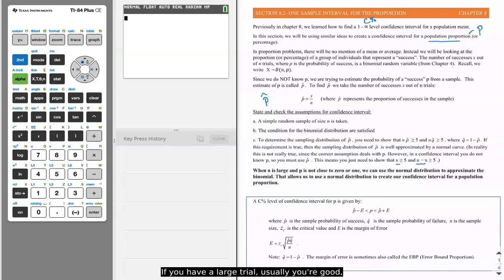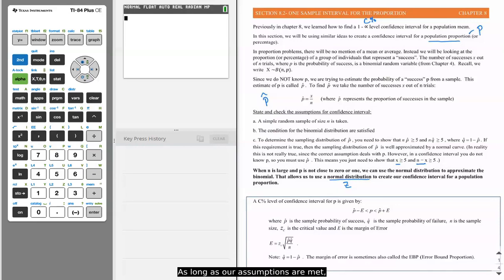If you have a large trial, usually you're good. When n is large and p is not close to 0 or 1, we can use the normal distribution to approximate the binomial. That allows us to use a normal distribution to create our confidence interval for our population proportion. The normal distribution is just our Z distribution.